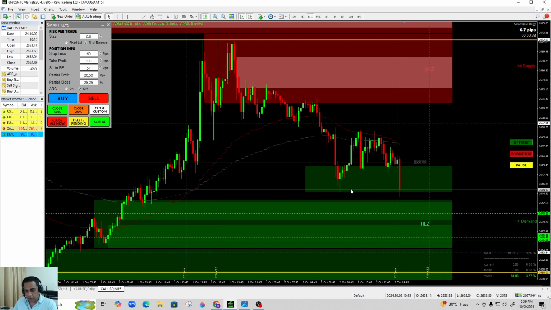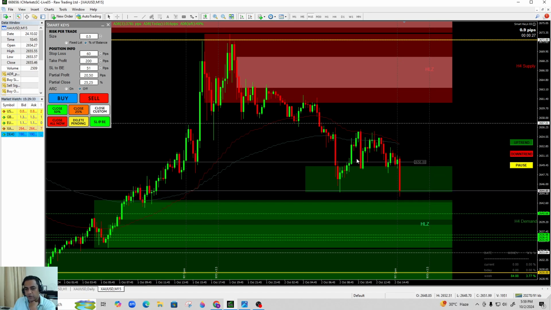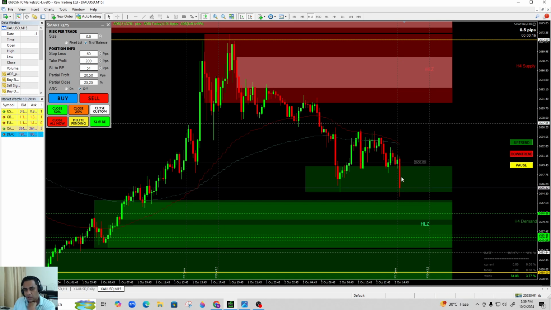Okay. So we did break that. So just waiting for price to come and tap this. Then I'm going to delete this green box here. As expected, that wasn't a high liquidity zone. I was expecting that, since it hadn't taken out any supply to the left, I didn't really care too much about that, and was kind of anticipating price to go right through it, and it did, right?